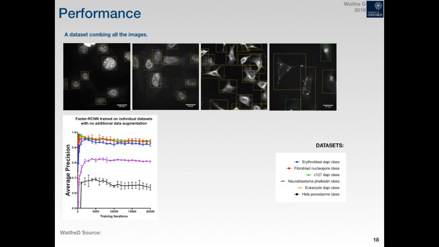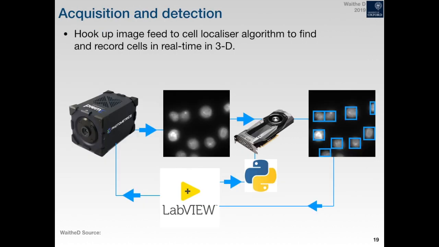So how did I get this to work? It's fine just running the images through the algorithm on my computer, but I wanted to control the microscope dynamically. I don't want it to image lots of volumes in spaces where there are no cells at all. So what we wanted was an online, real-time evaluation circuit on the microscope. The way we did this is we had this high-performance camera which can easily acquire frames faster than the algorithm can handle.